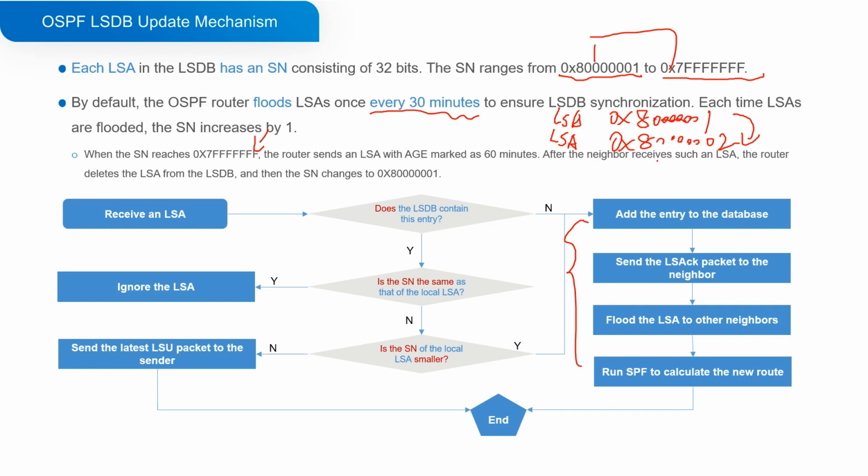But after the neighbor receives such an RSA with an age of 60 minutes, the router deletes this RSA from the RSDB, and then the SN changes back to the beginning value. After we receive the newest RSA, we increase the SN number by this value. So this is the mechanism for the RSDB update.